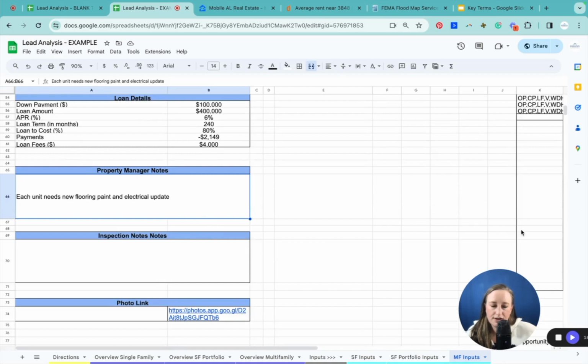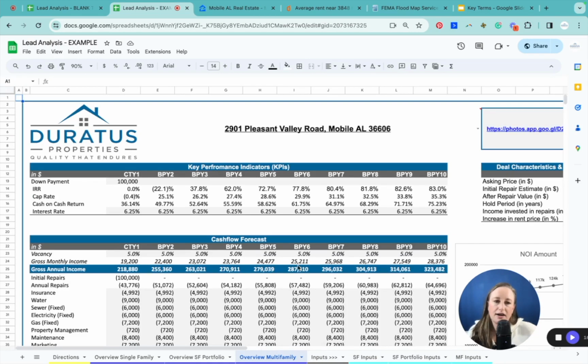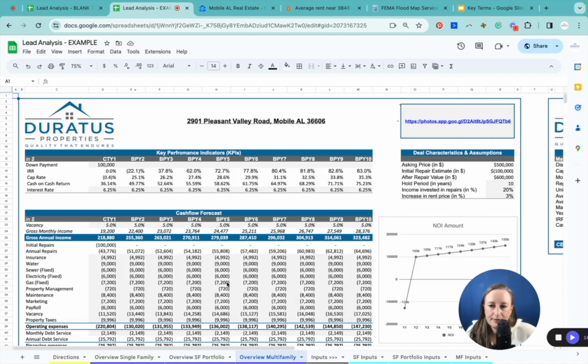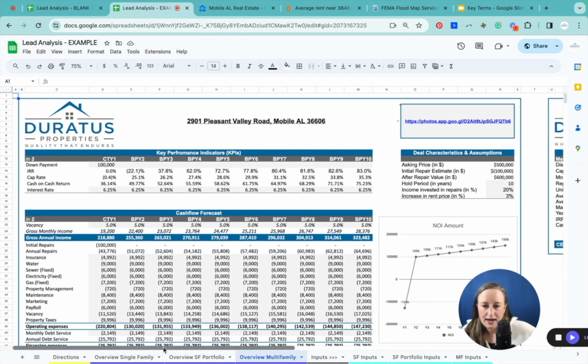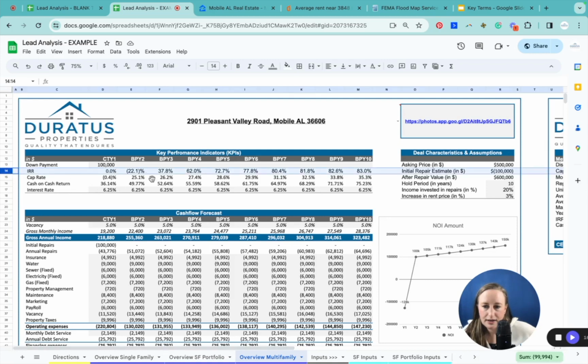required for the units. All right, let's take a look at how all of our inputs are now displayed in our overview tab. Okay. So again, this is theoretical, but let's just see if this might be a good deal for us. IRR on this deal looks really healthy starting in year 3.